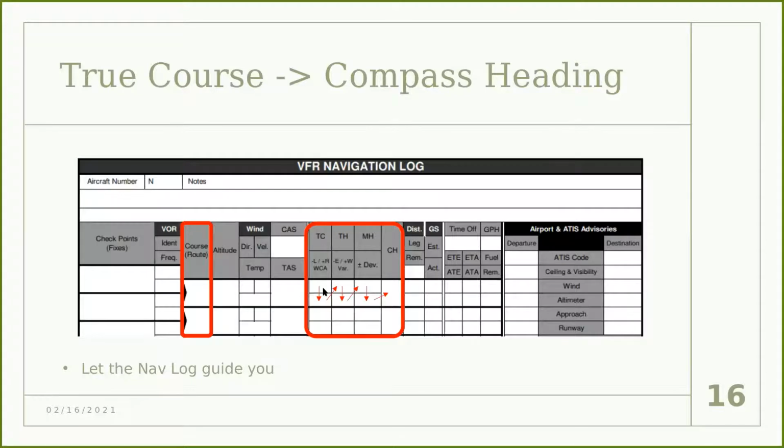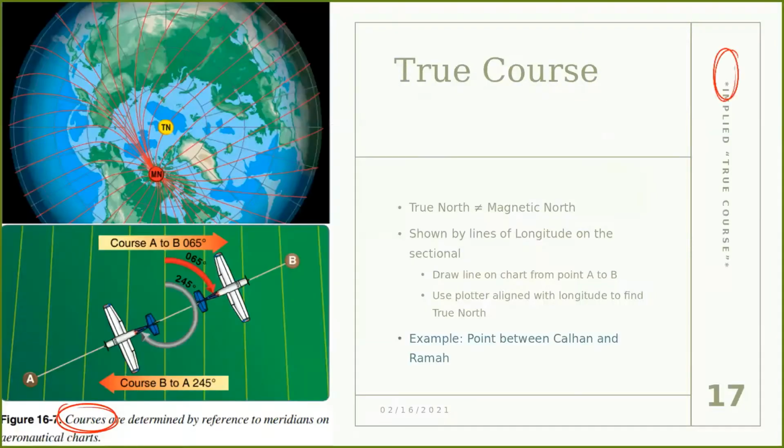All right, then we're going to follow the arrows and we're going to go straight down. True course. Now we have to change. Remember, course and heading is different based on winds. So now we have to figure out what our wind correction angle is. Before we get there, a couple notes on true course. True north is not equal to magnetic north.